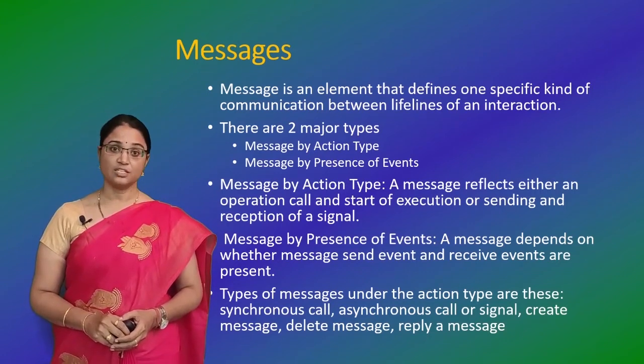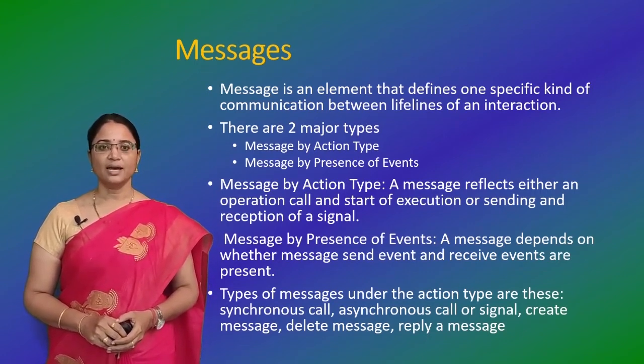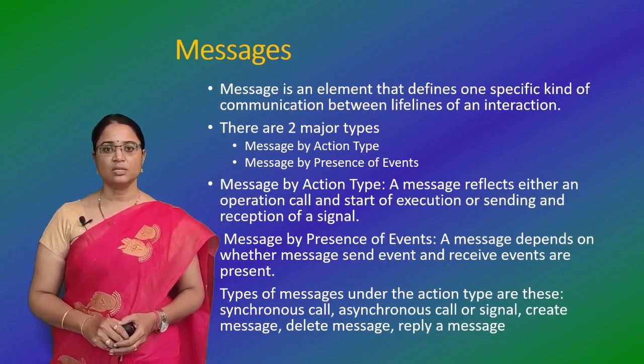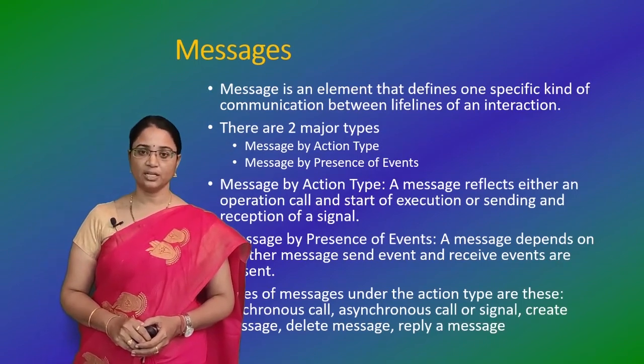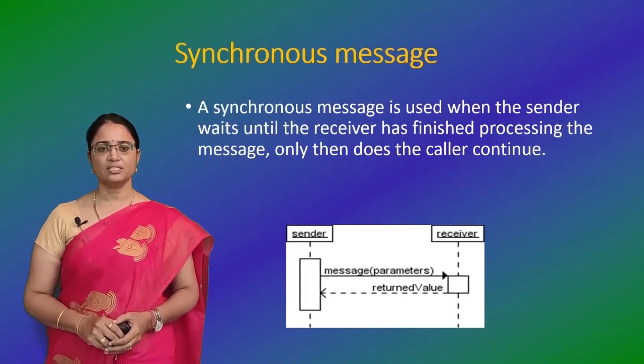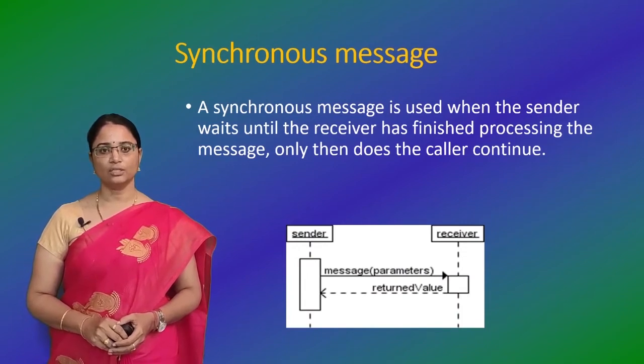If the message is asynchronous, the line has a stick arrowhead. If the message is synchronous, the line has a filled triangular arrowhead. That's what we have seen already in the interactions. A synchronous message is used when the sender waits until the receiver has finished processing the message. Only then does the caller continue.